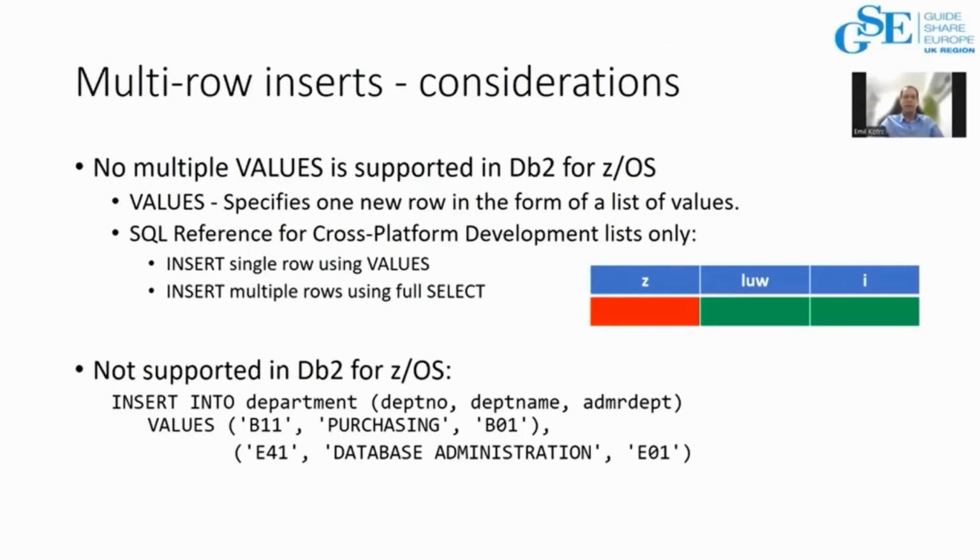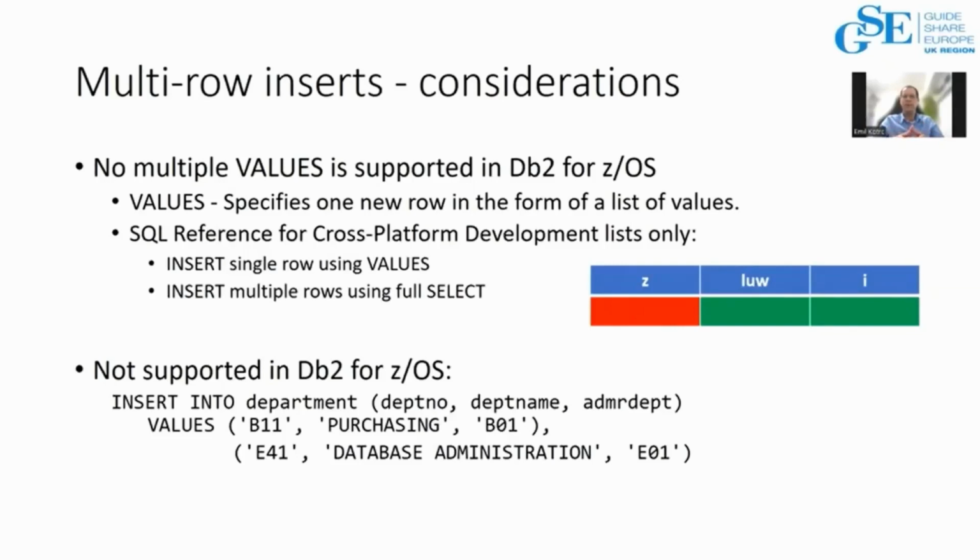So when I was researching these multi-row inserts, I was wondering why is that, and is it okay? Can it be implemented? Of course you can always open an AHA idea for IBM. But if you take a look into the SQL reference for cross-platform development, there are actually only two inserts mentioned: insert single row using VALUES, or insert multiple rows using fullselect.